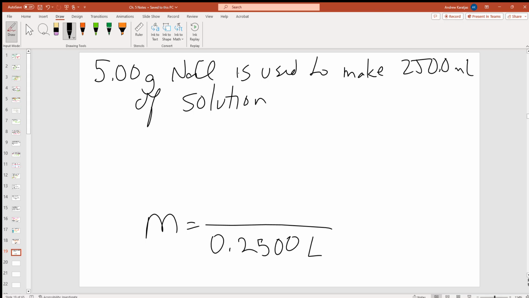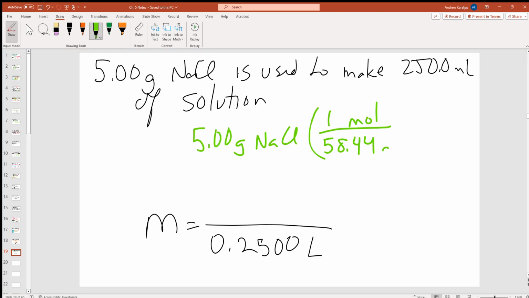And then we need to convert our grams of sodium chloride, 5.00 grams NaCl, 1 mole of sodium chloride is 58.44 grams, or 0.0856 moles. We put that down here.